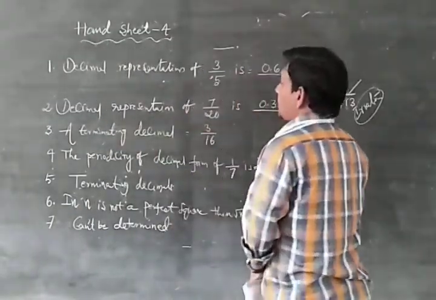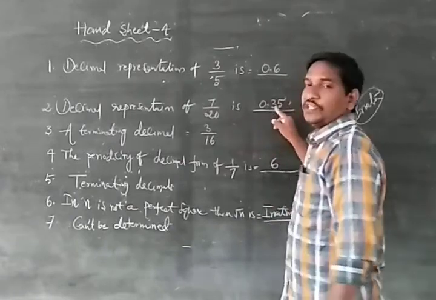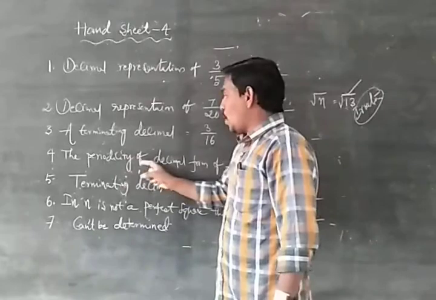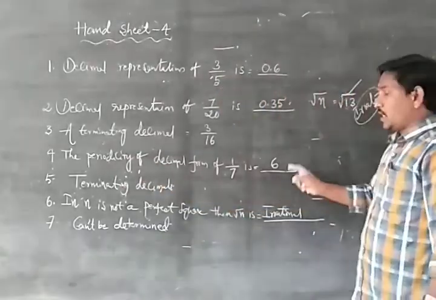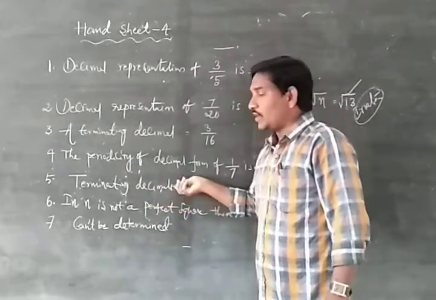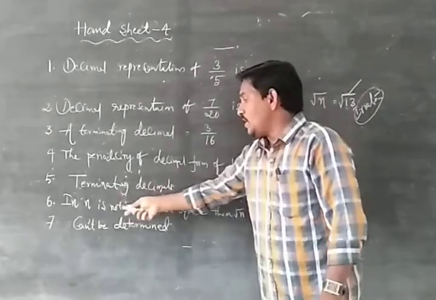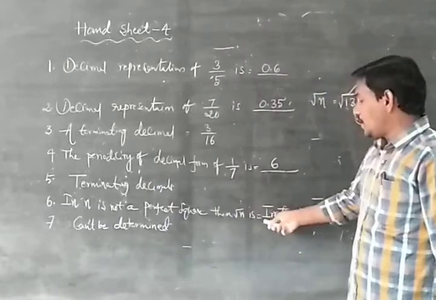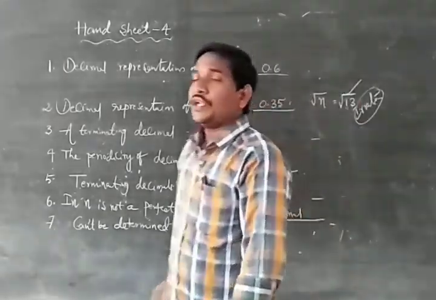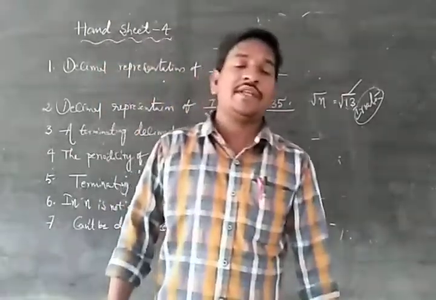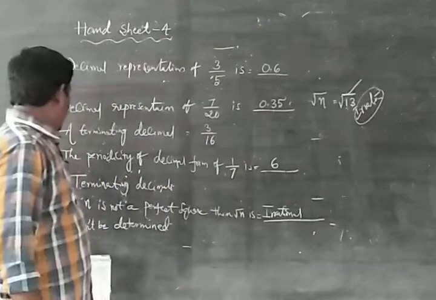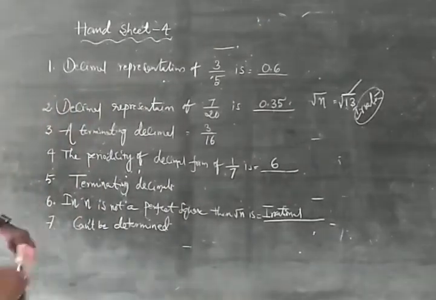The decimal representation of 7 by 20 is 0.35. 3 by 16 is a terminating decimal. The periodicity of the decimal form of 1 by 7 is 6. If n is not a perfect square, then root n is irrational, and in non-terminating repeating decimals, the remainder cannot be determined. These are the 7 questions.